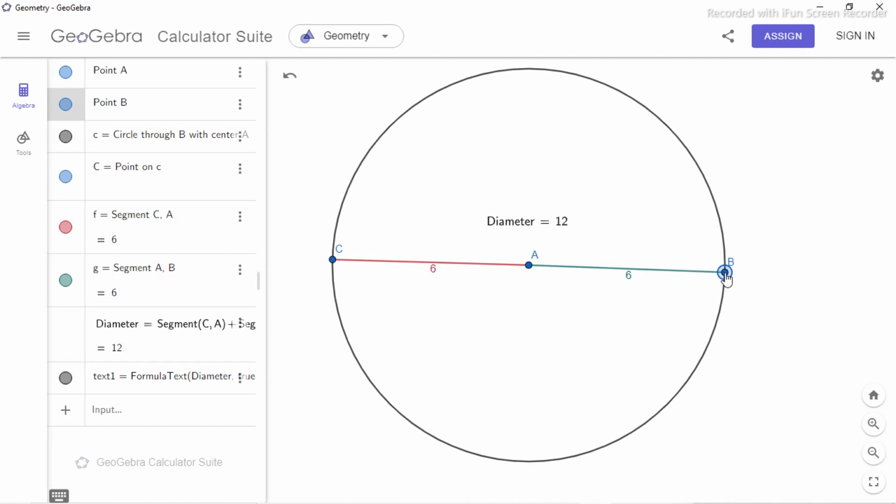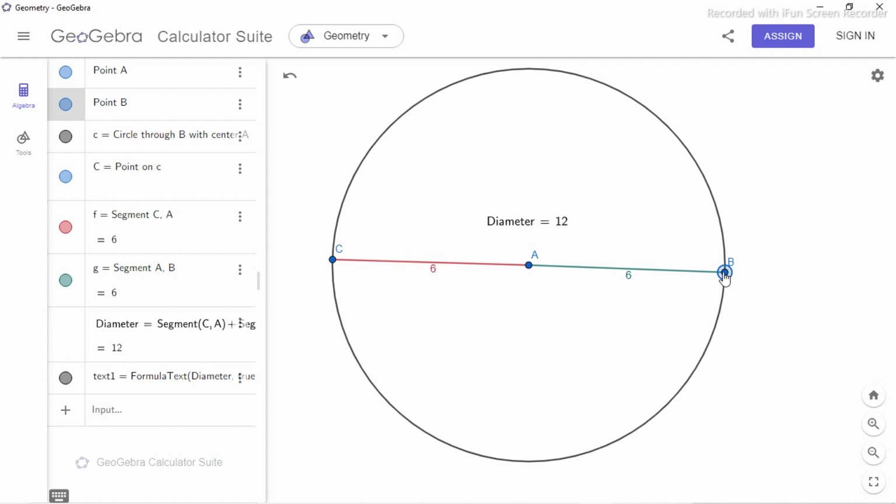As you can see, if I make the radius 6, the diameter is what? 12. That's what I mean when I say the diameter is twice the radius. Because if you think about it, the diameter is just two radii. This radius and this radius combined form the diameter. This straight line, from one side of the circumference to another through the center, is 6 plus 6, which is 12.